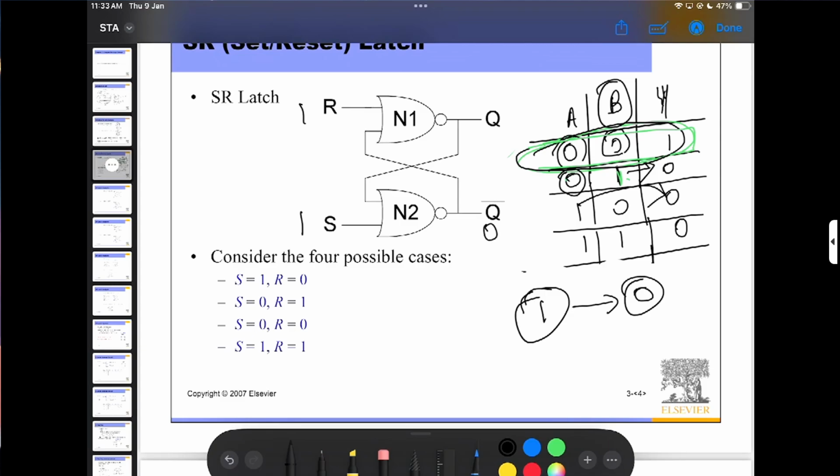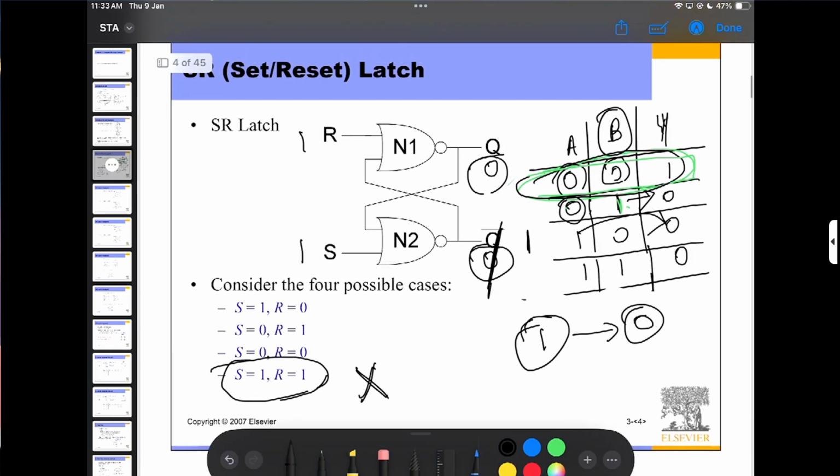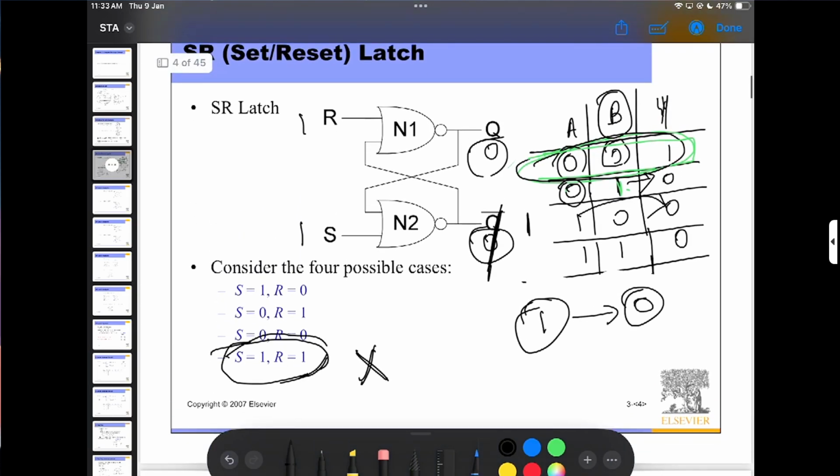So here is 0 and here is 0. So this condition is violating each other. Basically, if my Q is 0, then Q bar must be 1. But here Q bar is also 0. Or vice versa. So this condition is not possible. So S and R both 1 is not possible in the SR latch.